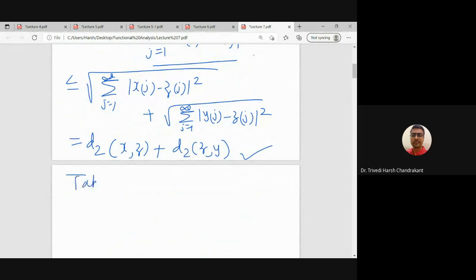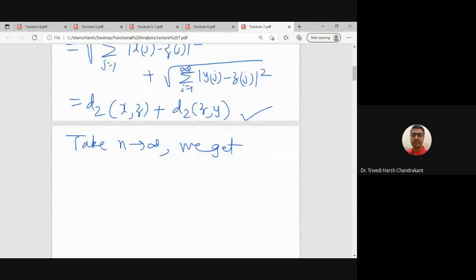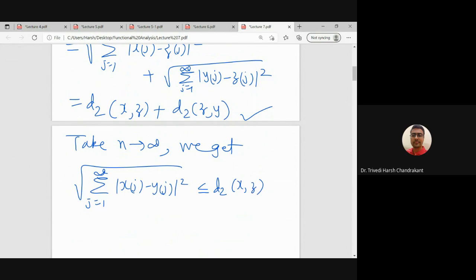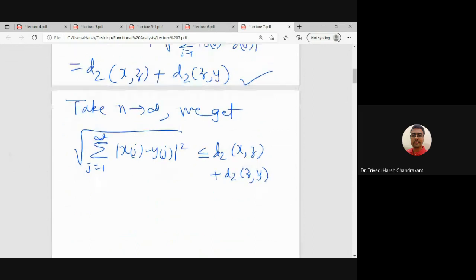So take n tends to infinity, we get the square root of summation j from 1 to infinity of modulus xj minus yj square is less than or equal to d2(x,z) plus d2(z,y), and the left side is nothing but d2(x,y).